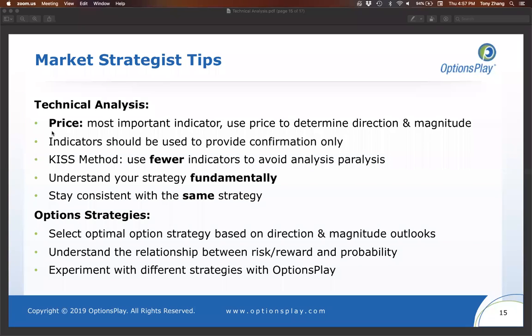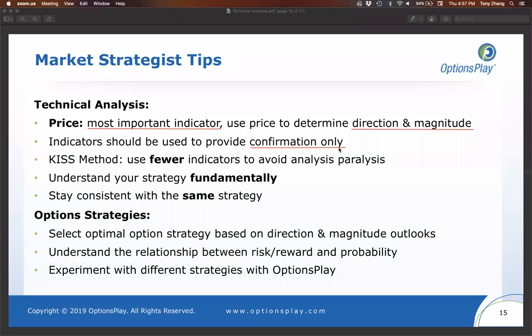And what I want to stress is that price is the most important indicator for you to use. Use price to first determine your direction and magnitude bias, and then you should only use all of your indicators to provide some kind of confirmation only.